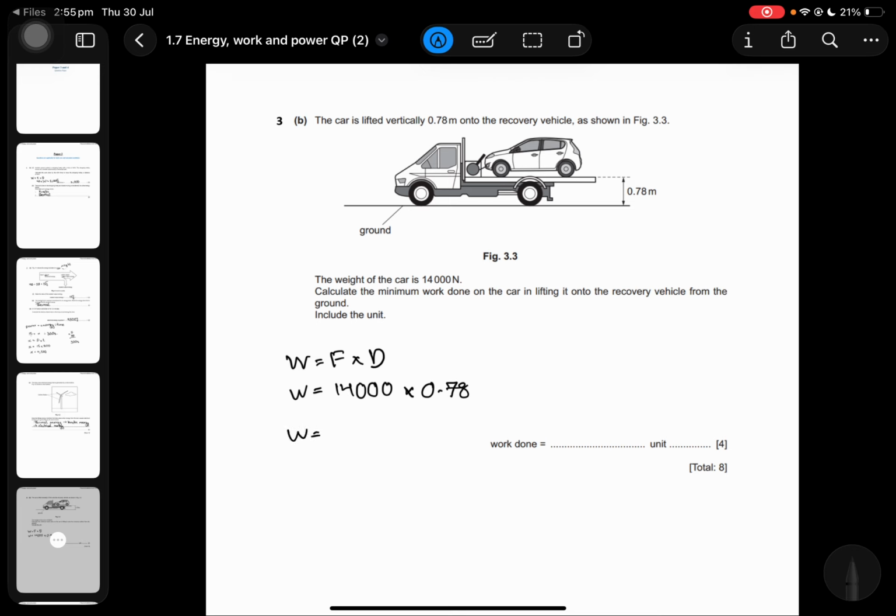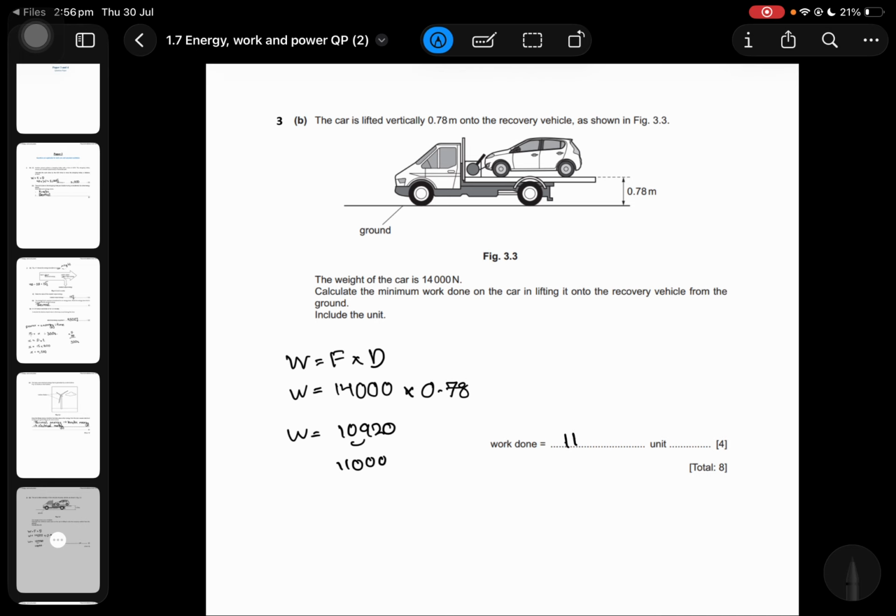So work done is equal to 14,000 multiplied by 0.78, which is 10,920, and we can just round it up to 11,000.